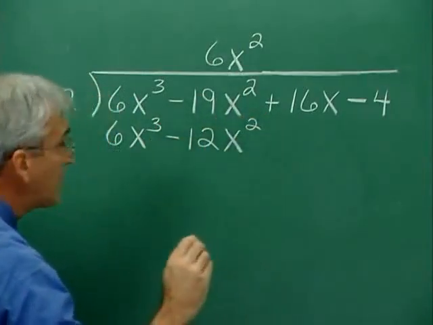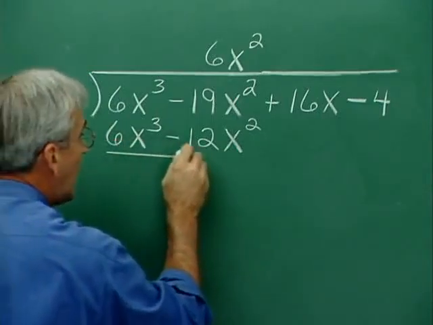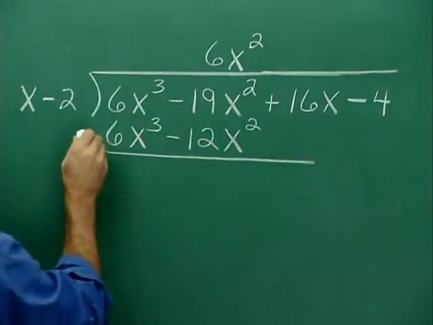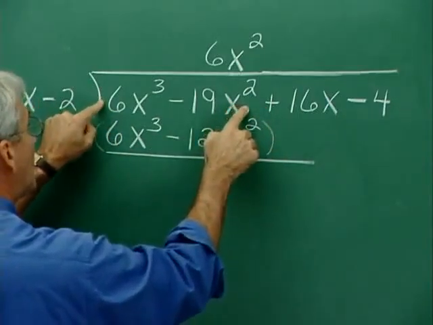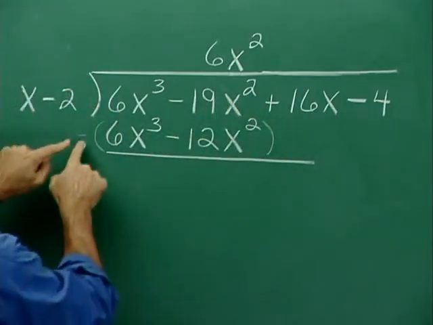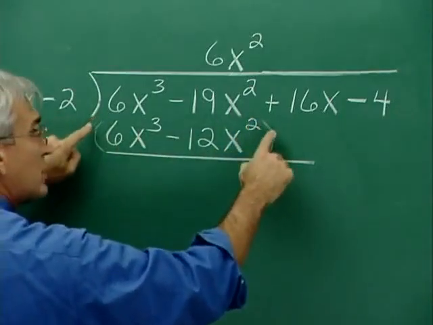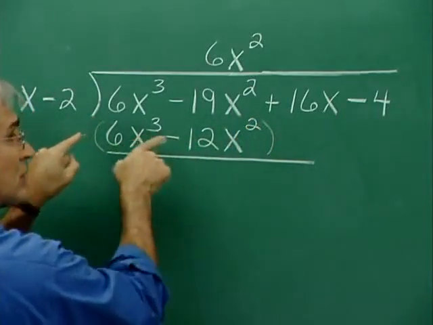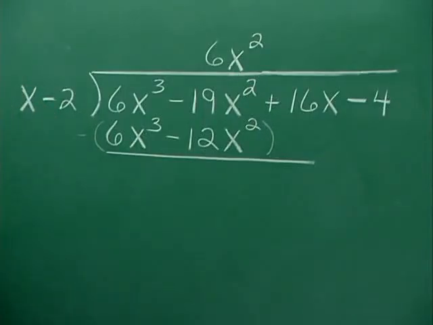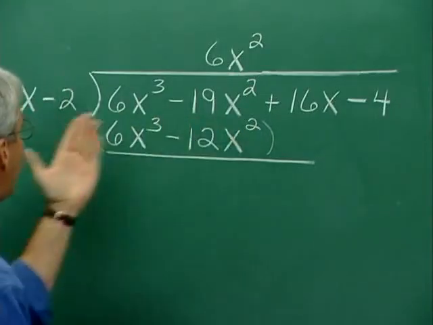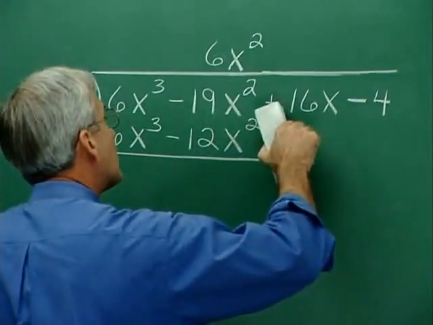Now our prescription for long division would be to draw a line and subtract. That is, we want to subtract this polynomial from that polynomial. But we have a minus sign preceding a parenthesis here, so we would need to change the signs and then collect. Rather than looking at it like this, I'd rather consider it like this.